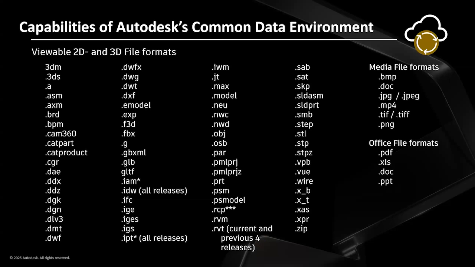This list shows the full range from design files like Revit, AutoCAD, IFC, PDFs, and media files, and even Office docs like Word, Excel, and PowerPoint. So you can view the video or share design intent through 3D models, specs and markups, making collaboration more flexible and accessible for everyone involved.